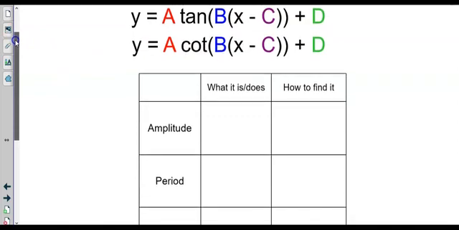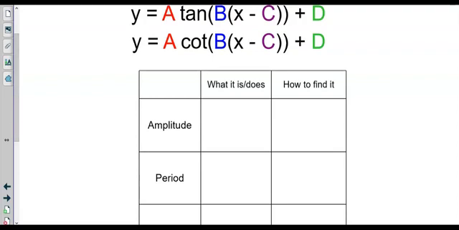Amplitude, there is really no amplitude, but there is a vertical stretch. So where we would normally think about amplitude, think about vertical stretch instead. And you're going to find that at your A value. Same places where you normally find it.